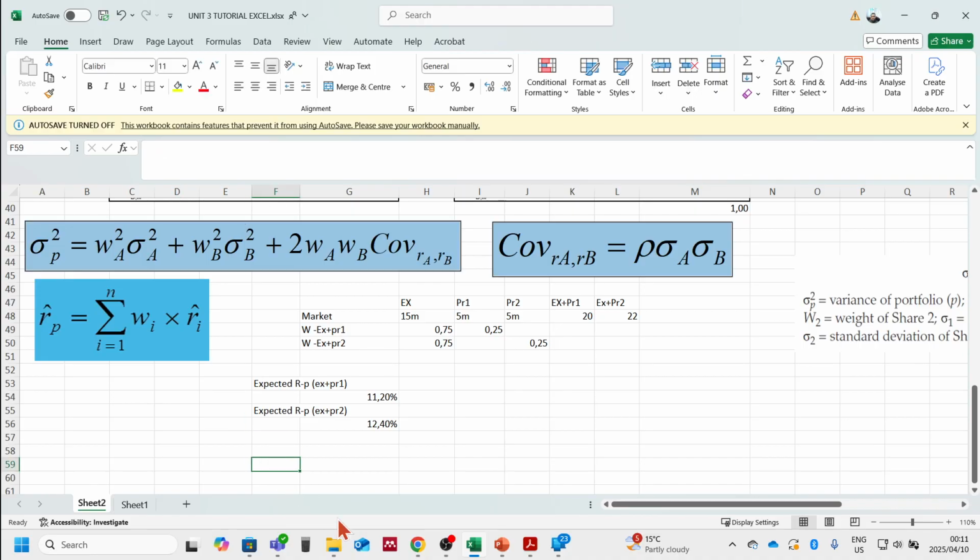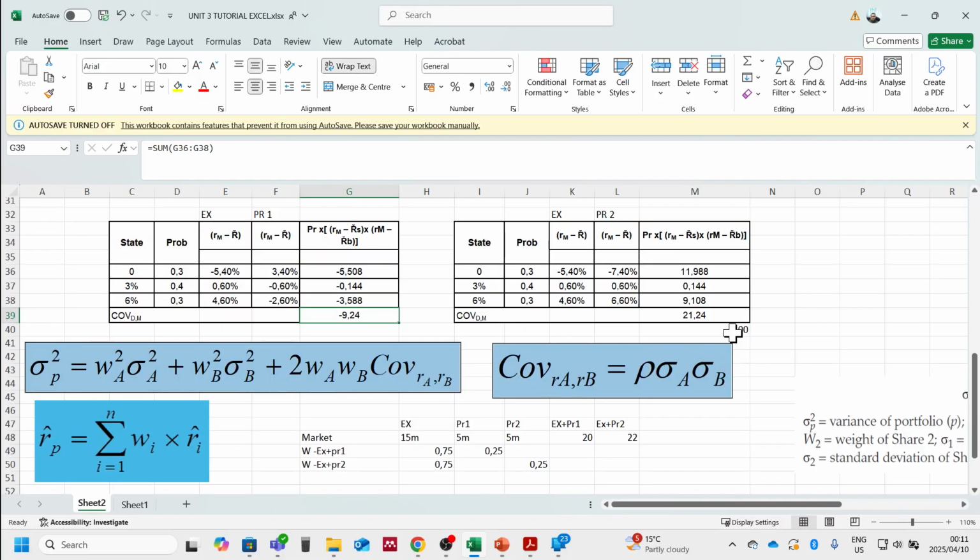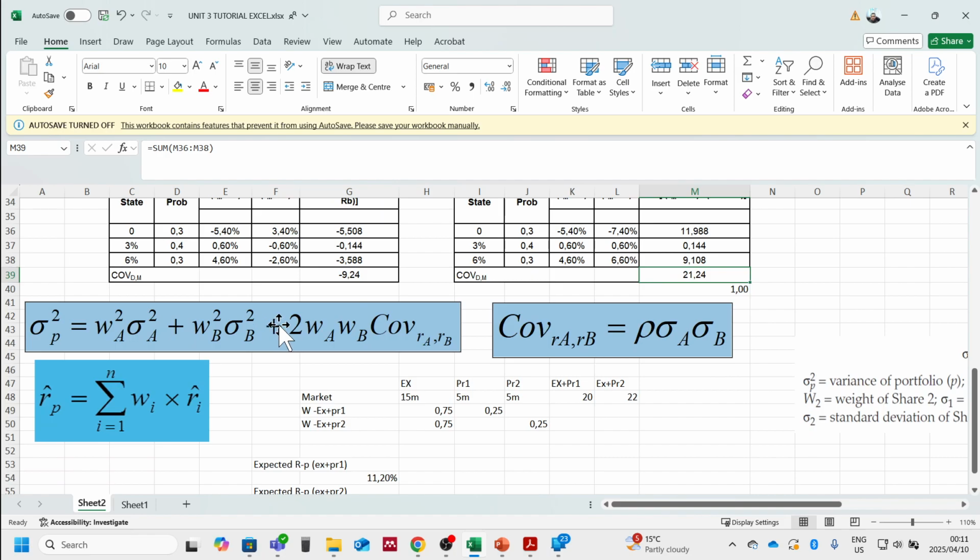So to do the portfolio risk, we're going to need the covariance of asset A and asset B, which is for existing and project one, where the covariance is here for existing and project one, and then the covariance is here for existing and project two. So we can substitute all of this into the formula, because we already have the weight of the existing project, and we also have the weight for project one, and then we also have the variance for project one and the existing project variance.